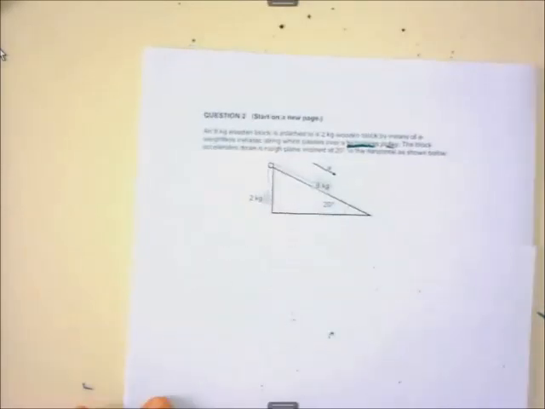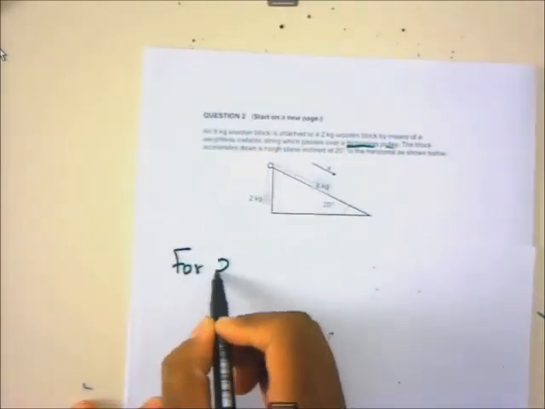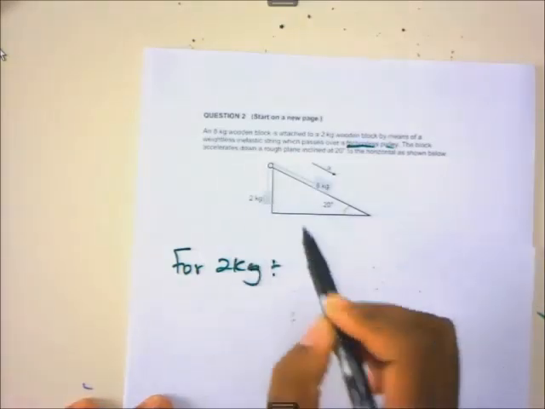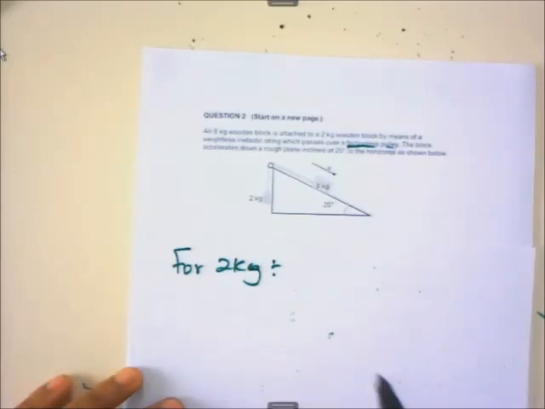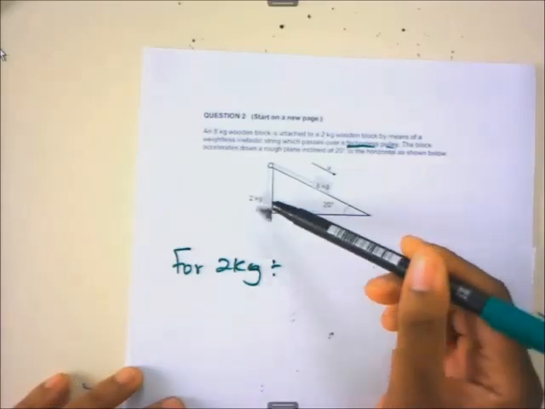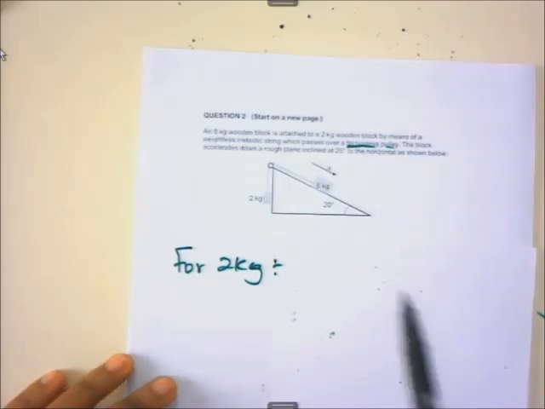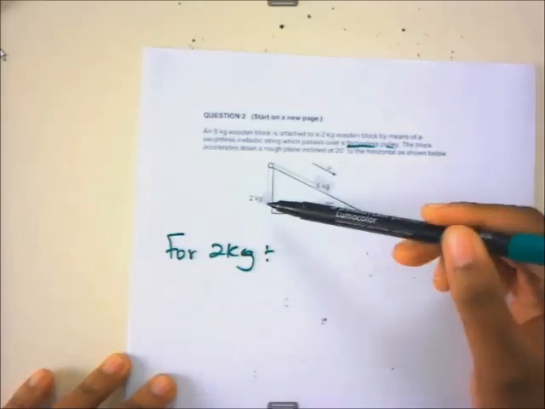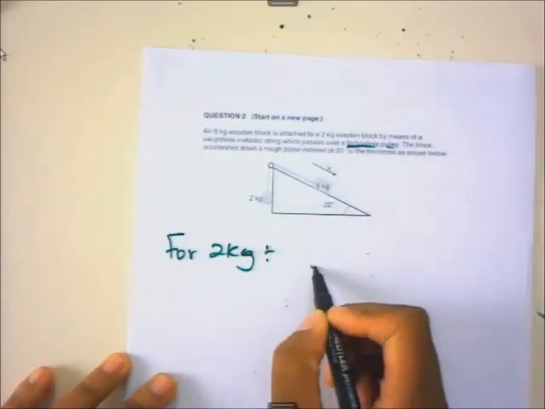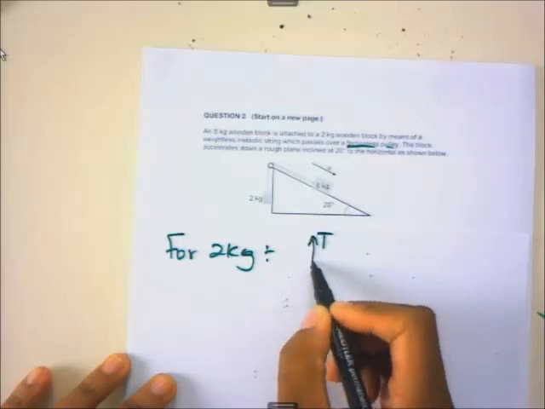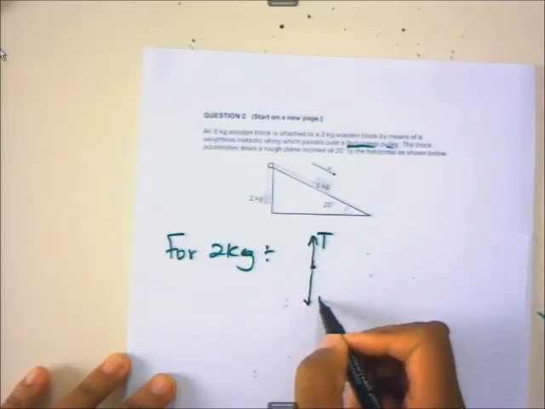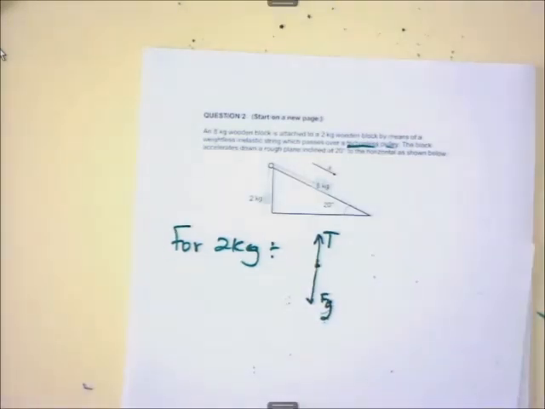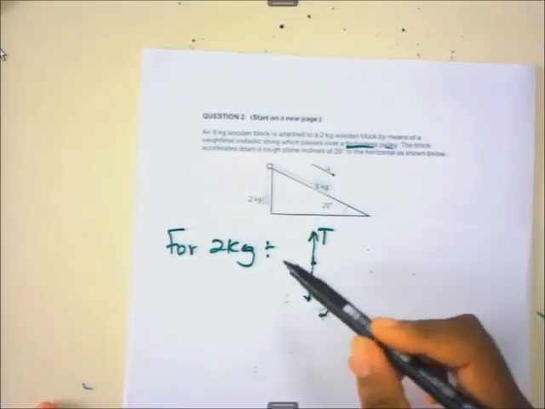Let's start with the 2 kg block. You cannot prove the acceleration is 0.7 as long as you did not first identify the forces acting on the 2 kg block. If this is the direction of motion, it means the 2 kg block is moving upward. So the tension will be up, and the Fg will be downward. Remember, Fg will be there, and it is a non-contact force, so we cannot see it. So we have two forces for the 2 kg block.